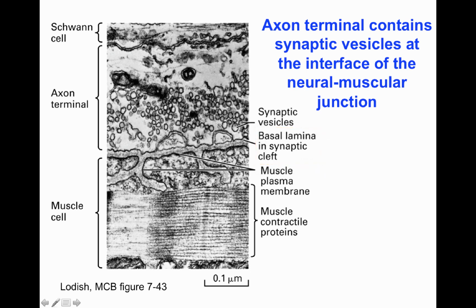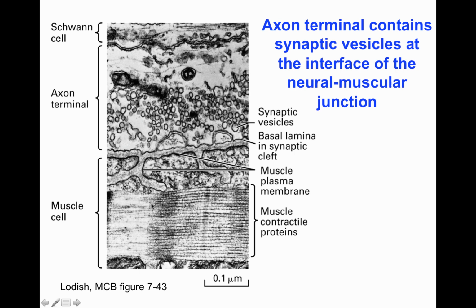What you can also appreciate from this image is that the plasma membrane of the muscle tends to invaginate and goes inside the cytoplasm in a structure that later we'll learn is called a T-tubule.